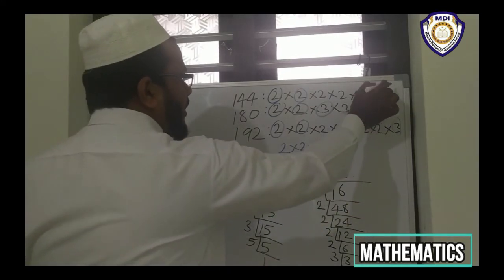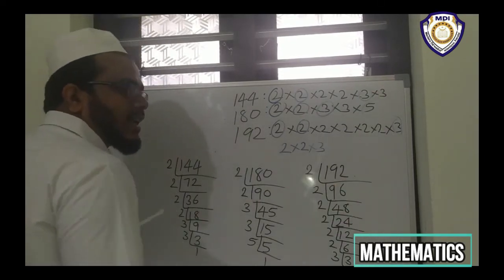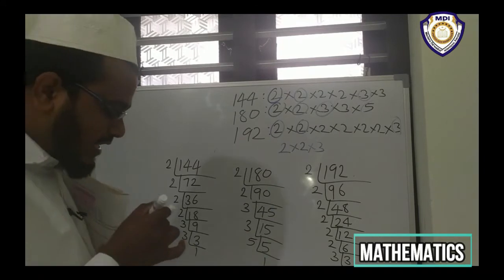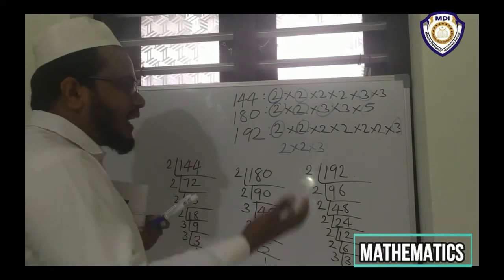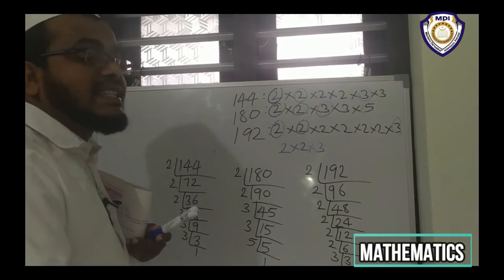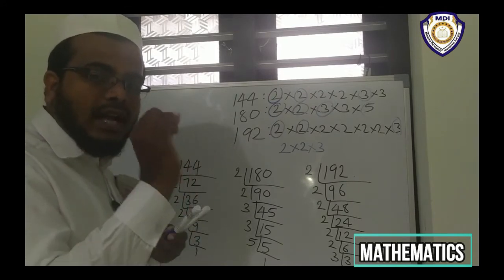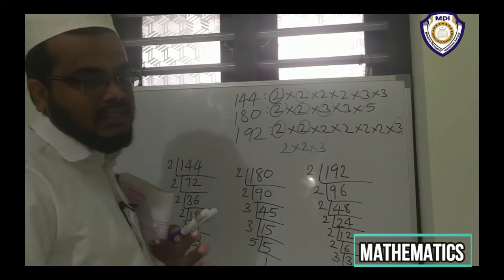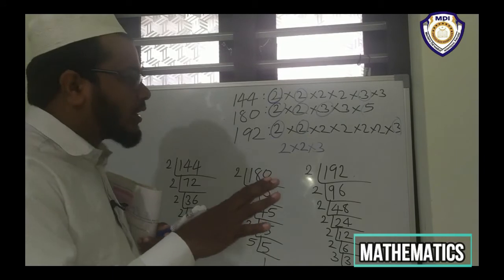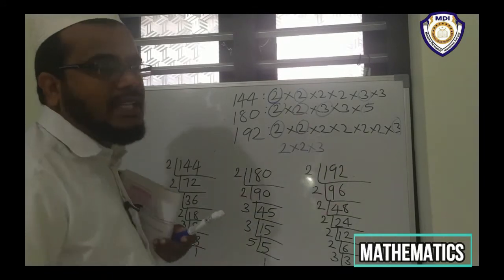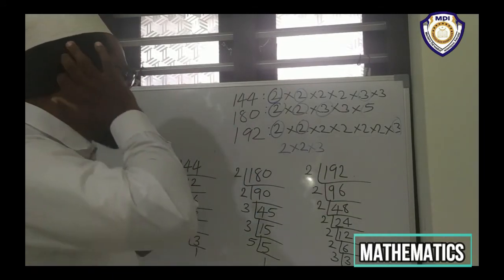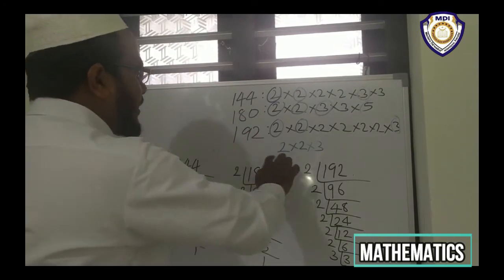Yes, here 5, but there is no 5 here and no 5 here, so we cannot select it. So the condition to take out any factor is that each and every number should contain that factor. If it is so, then we take that factor out and write it like this.